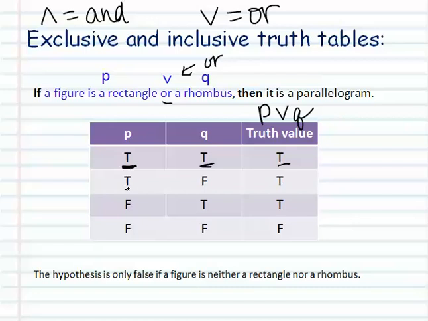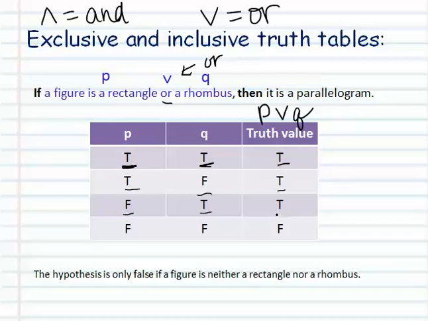The next one, P is true, Q is false. Okay, so are P or Q true? Yes, one of them is true, and that would be P. Therefore, the statement P or Q would be true. The next one, P is false, Q is true. Now, are P or Q true?